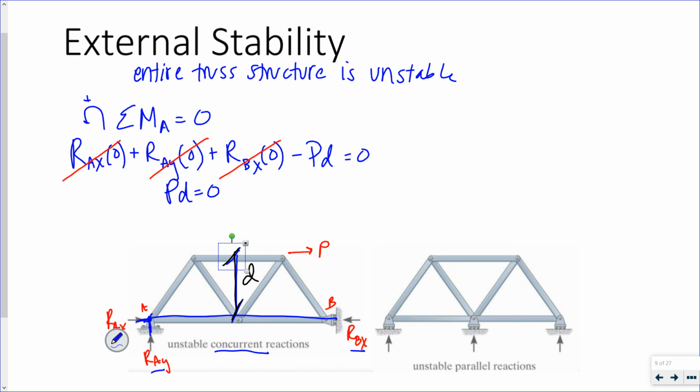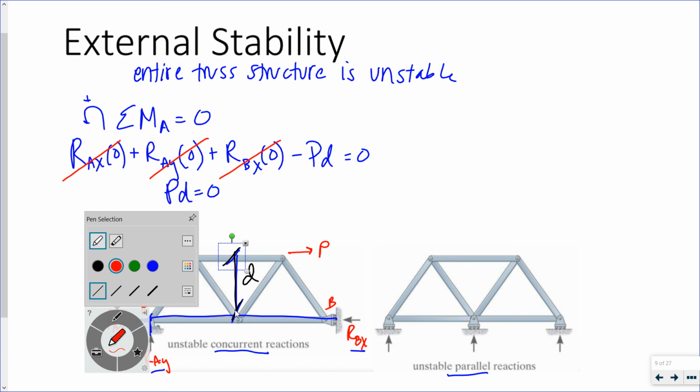Now, if we have parallel reactions, again, let's say I apply a load in this direction. Well, you can see these are all rollers and they only act in the Y direction, right?